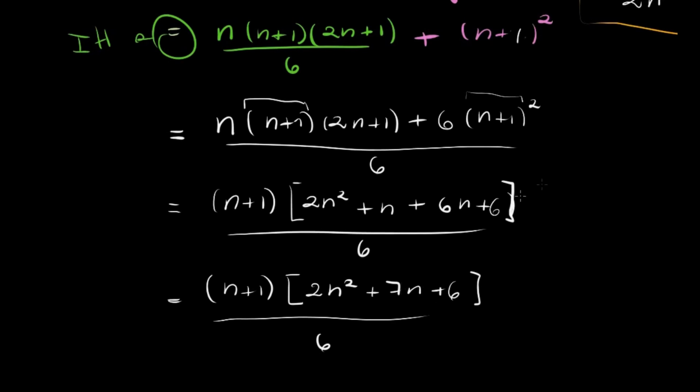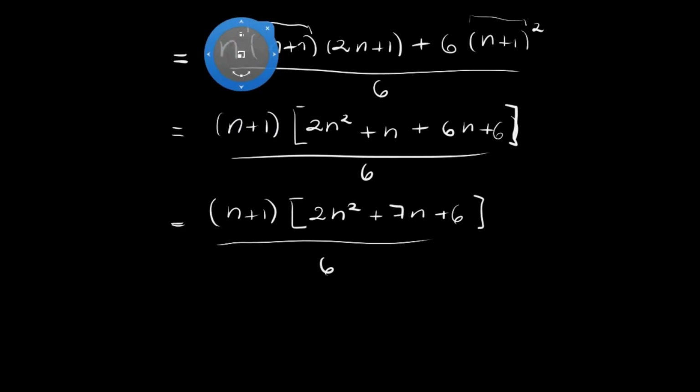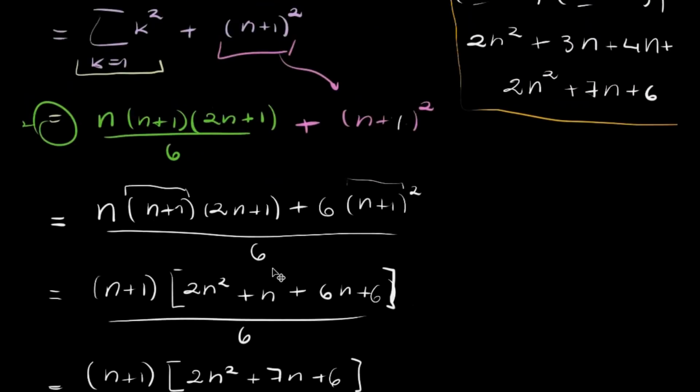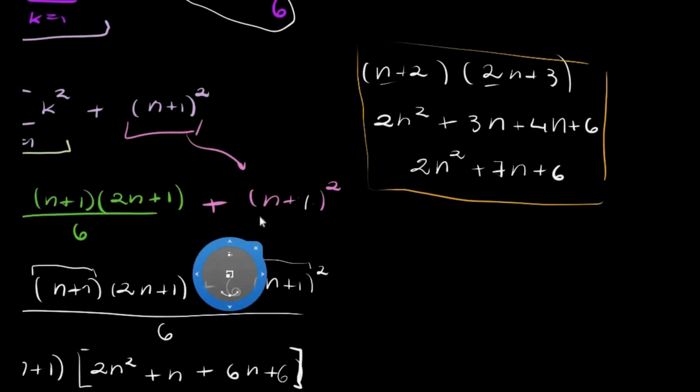So it's exactly what we have, and then we can just write what this is. This is n plus 1 times, and I'm going up again, it's that thing over there, it's this. Okay, we have this, and this equals n plus 1 times n plus 2 times 2n plus 3, okay?